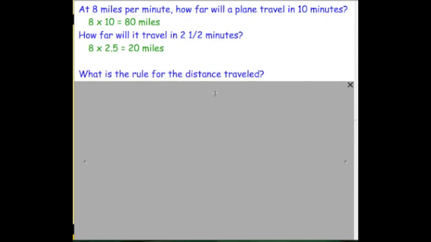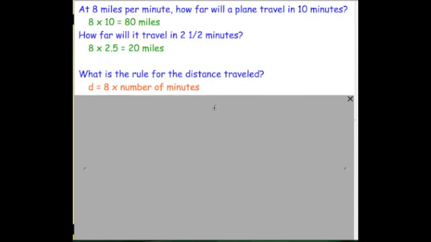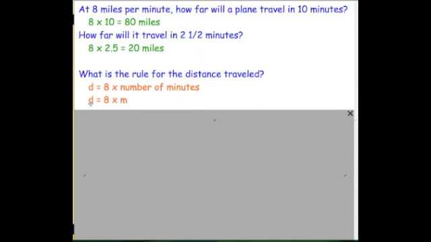Now, what is the rule for the distance traveled? The rule is d, meaning distance, equals 8, which is 8 miles per minute, times the number of minutes. As we can see, the per means times. Another example of a rule, which is just a little shorter, is the exact same thing.